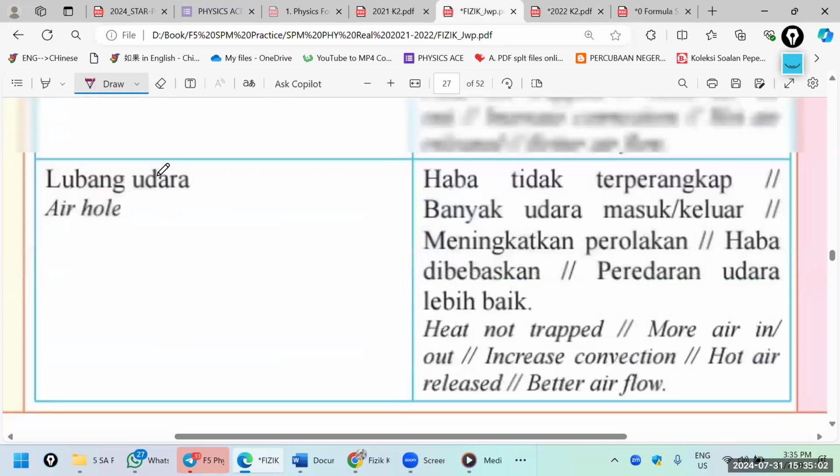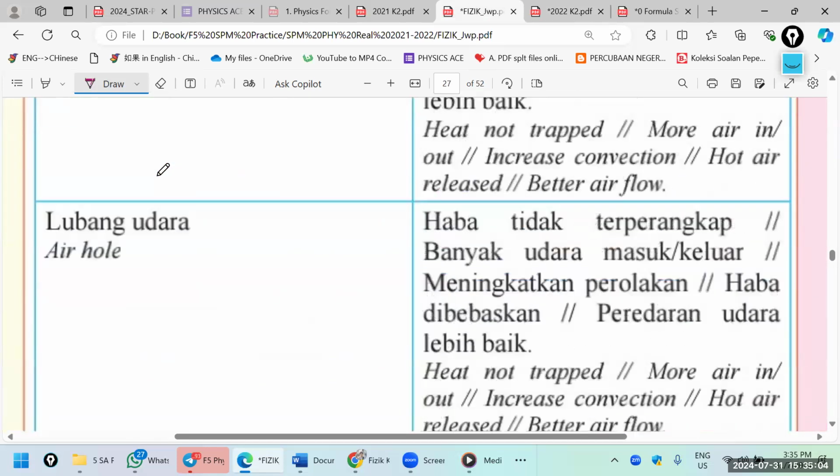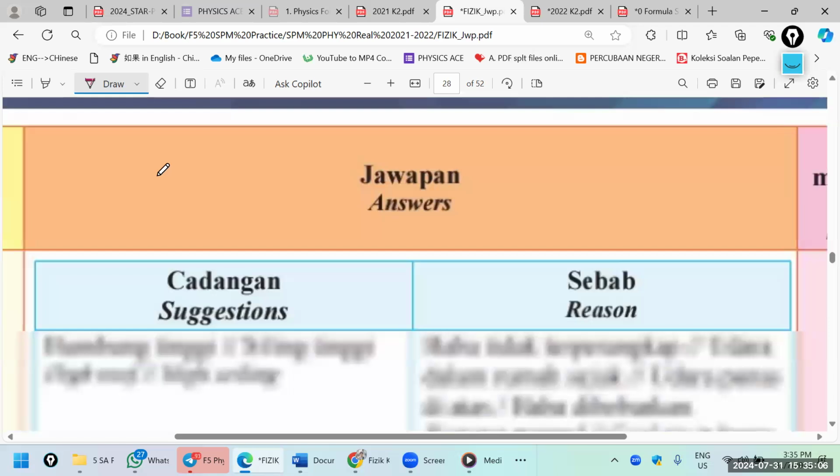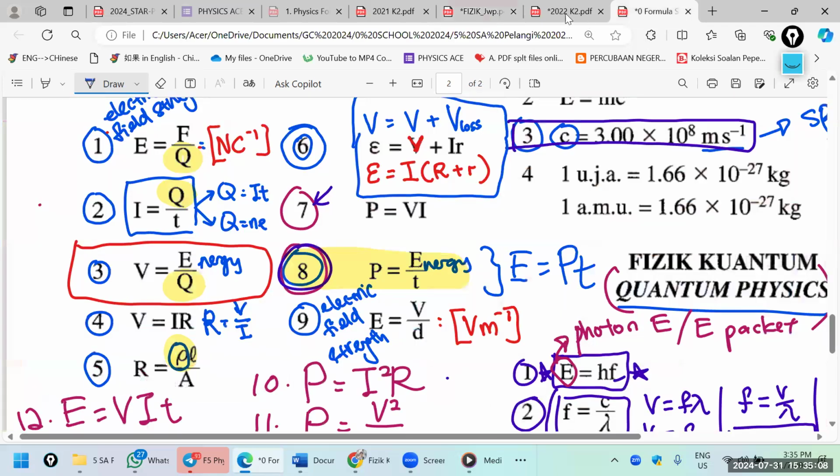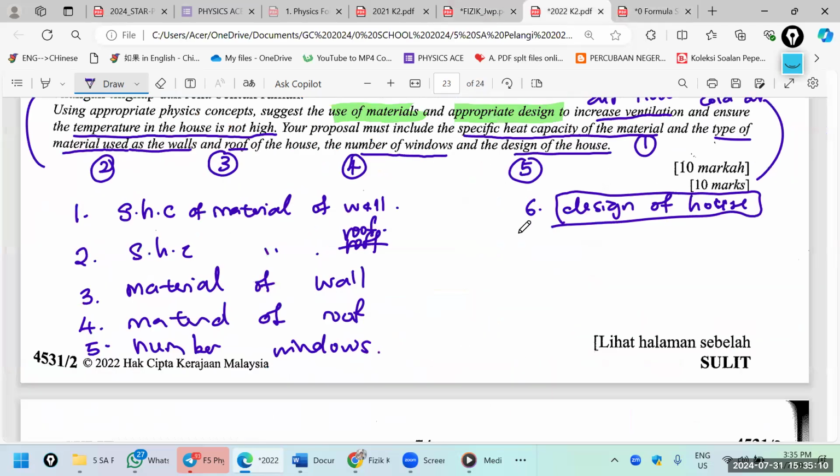There are many answers. See, got air hole. If you put aircon directly, it is wrong, because the green concept means reduce the use of aircon.